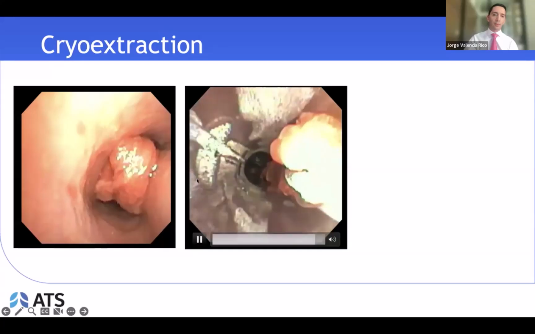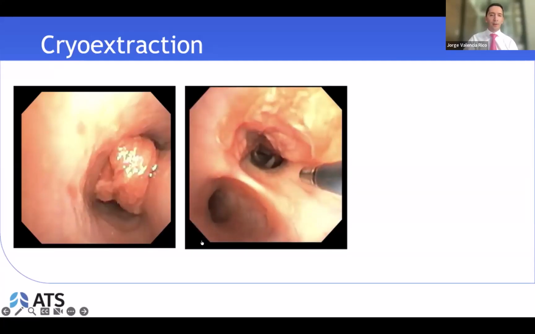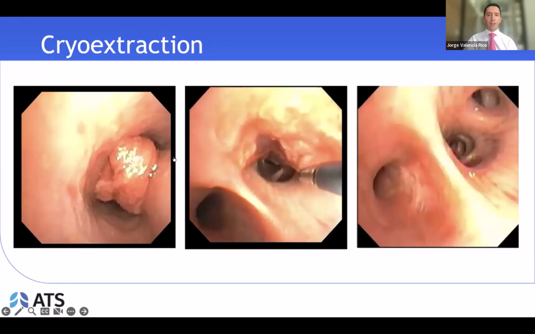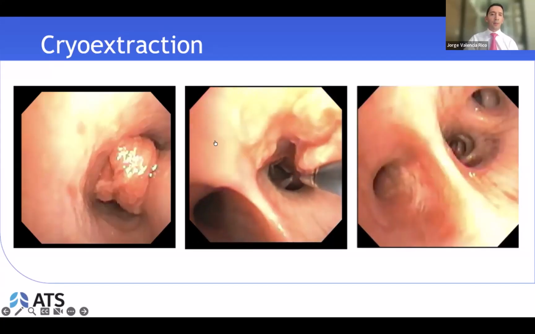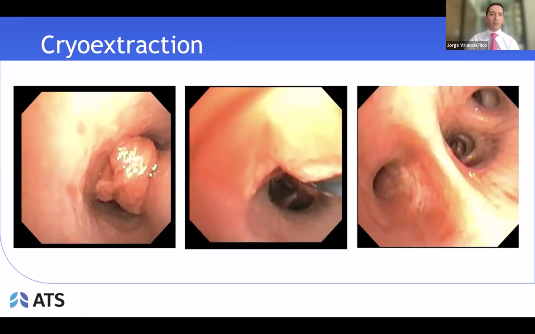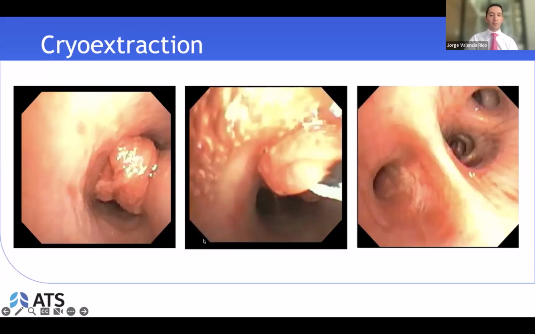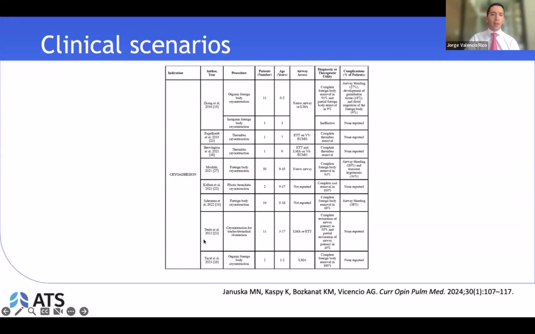It's a long piece of cast. And this is after the airway was clear. This procedure would have taken hours through the suction channel, and with this cryoprobe, it's a matter of minutes, 10 to 15 minutes. So there are great benefits of using this technology.